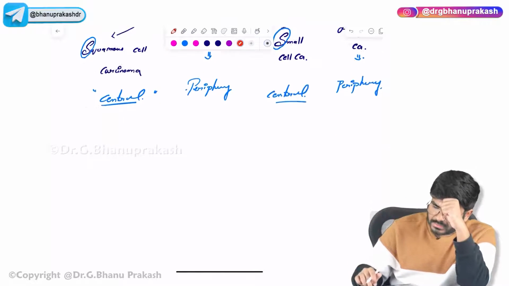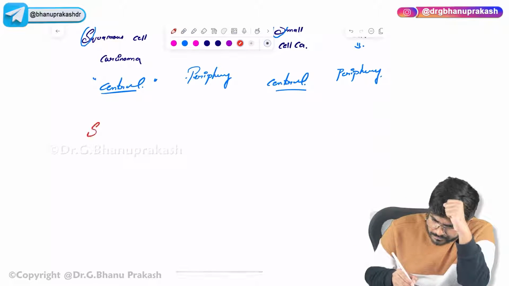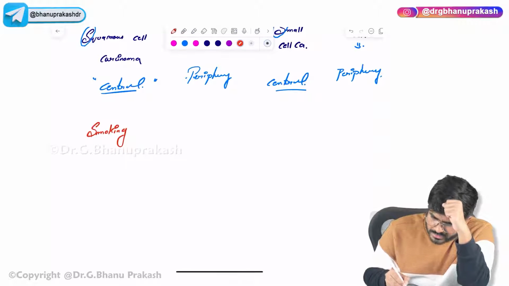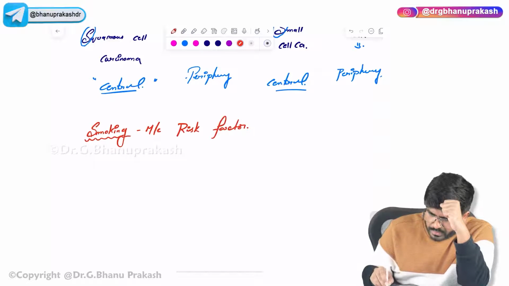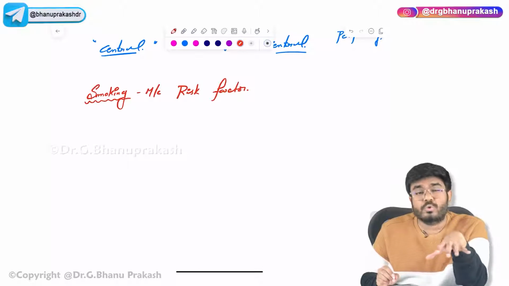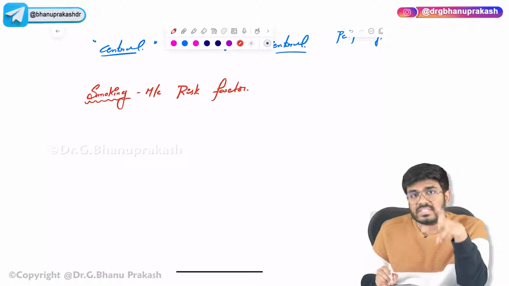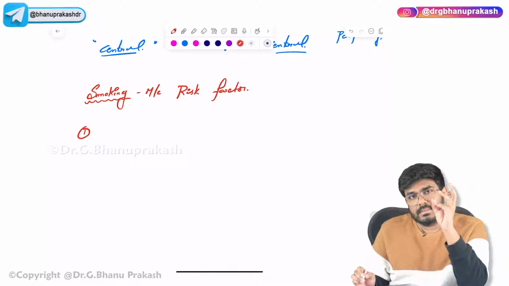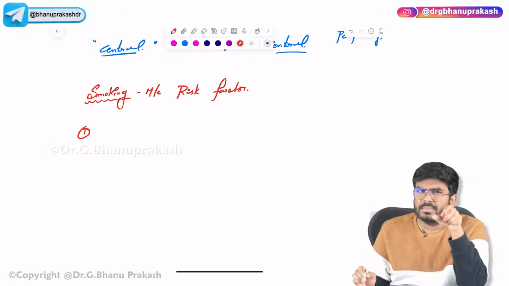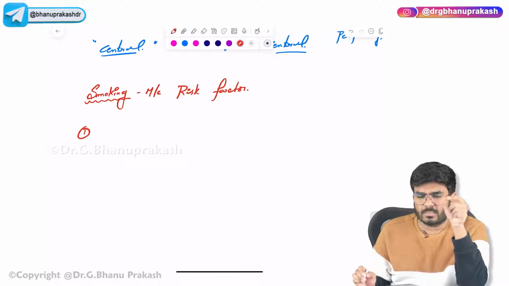So which type of lung cancer is associated with smoking? Again same thing, small cell and squamous, they start with the letter S. S for smoking.